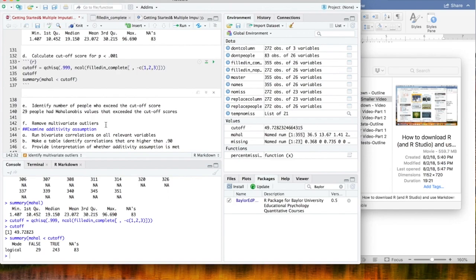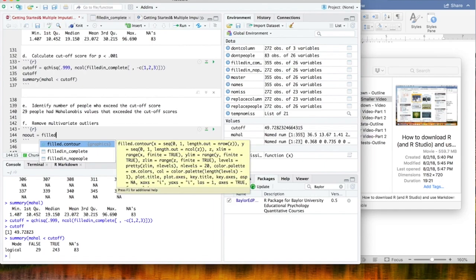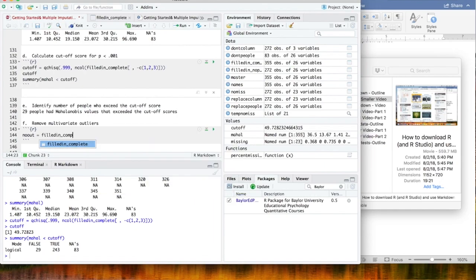So to get rid of the multivariate outliers, make a new data set, so no outliers, and then we'll take the filled in complete, whereby in terms of the rows, we'll only take those who have Mahalanobis values below the cutoff, and we'll take all the columns.